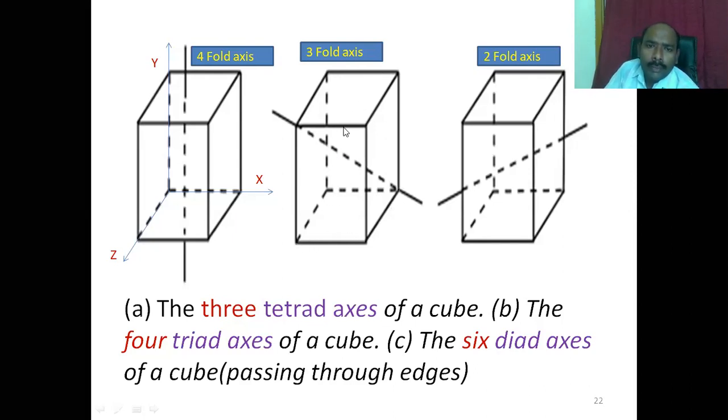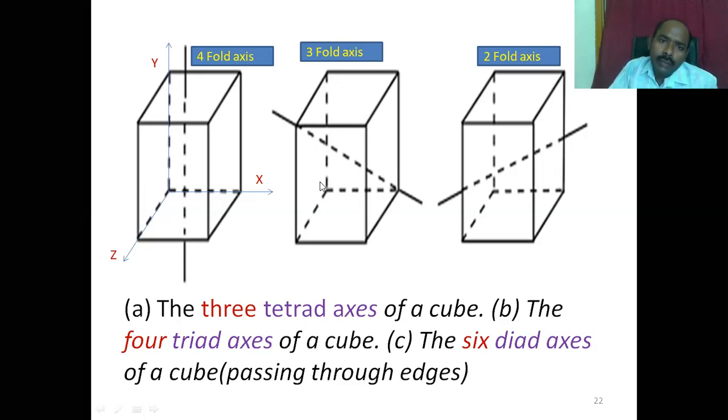So for the cube, eight corners are there, and this body diagonal or this axis is passing through corners. Therefore, this axis is covering two corners. So for a cube, there are eight corners.